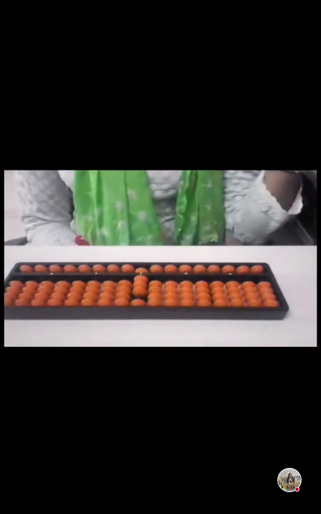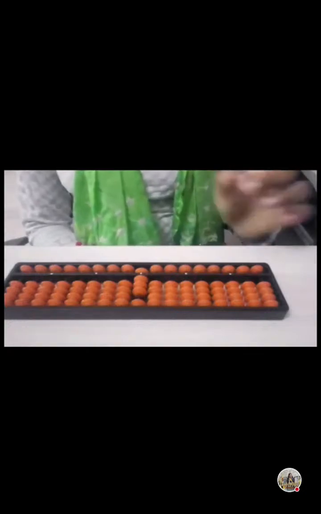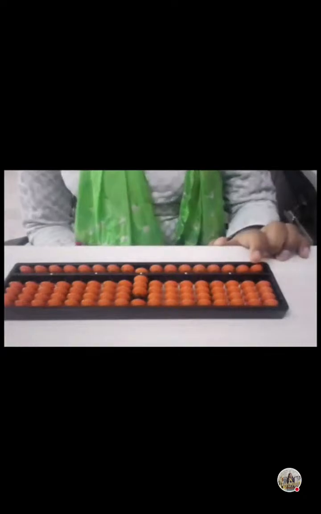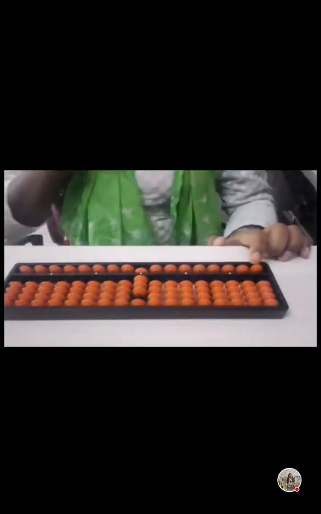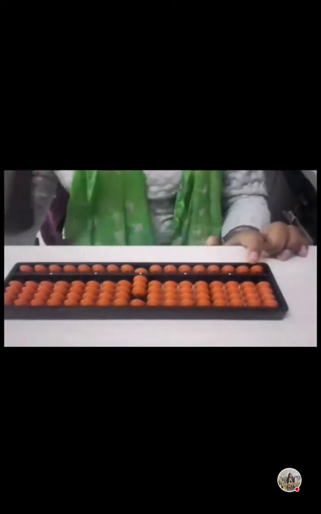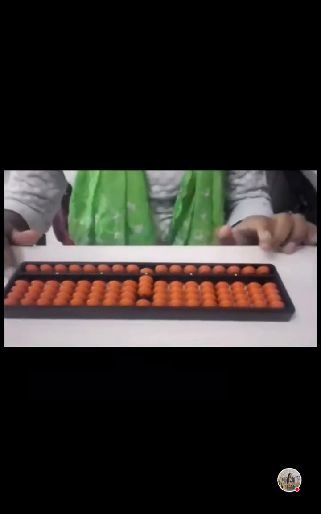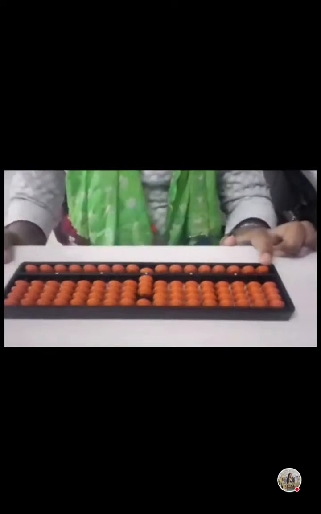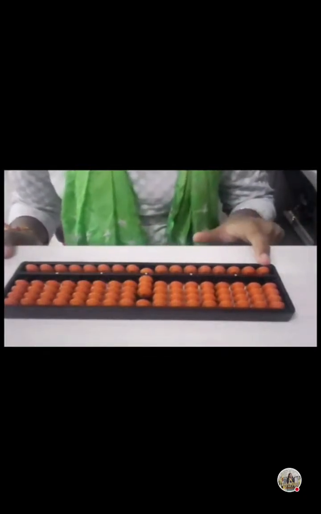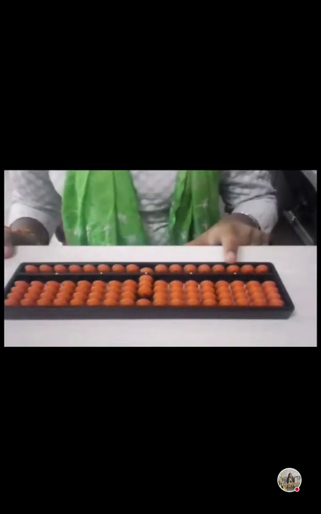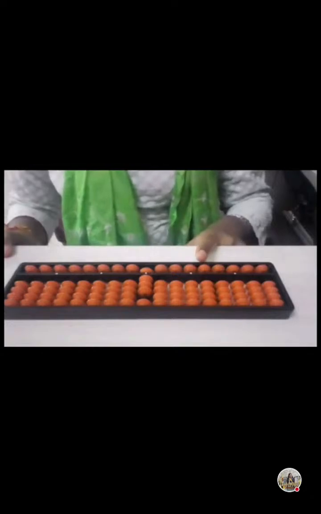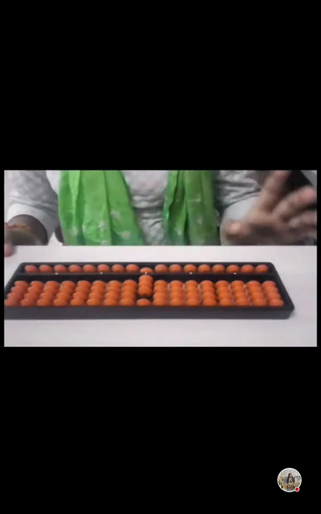Now on the right side of the abacus, this last rod. Right side, not left side. Left side is the lakh crore one. No, not that one. Right side. This rod is called the 10th rod. Not tens, 10th rod. 100, 1000, 10,000, and so on from there.